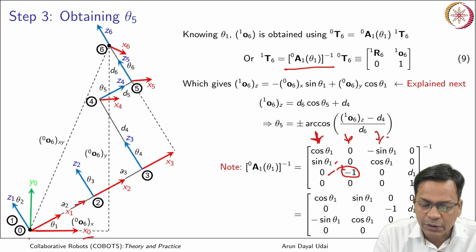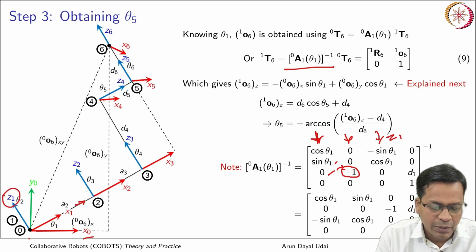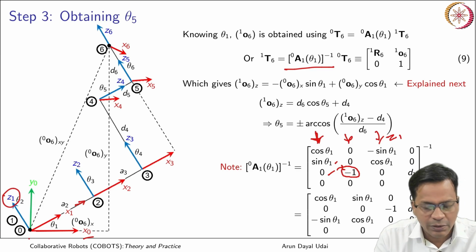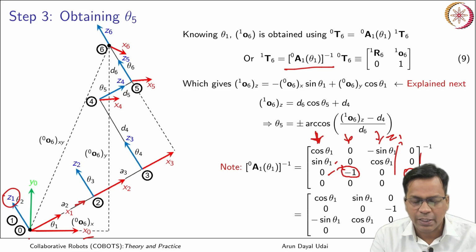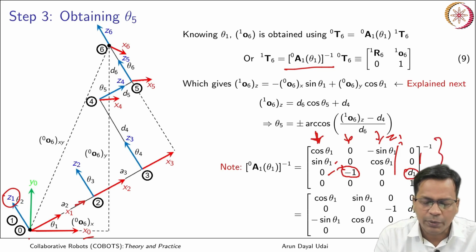This is the projection of z1 along x0, z1 along y0, z1 along z0. That is here, and this is simply the distance from 0 to 1, so it is d1 along the z axis. This can also be obtained quickly. If you take the inverse, it comes to this. This I will be using next. I have used it here also.